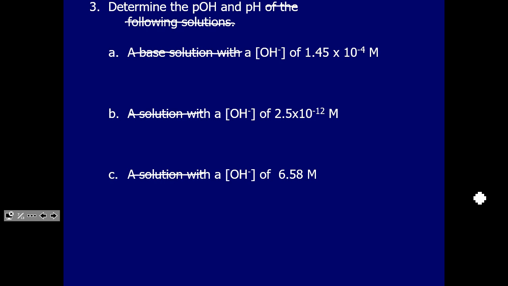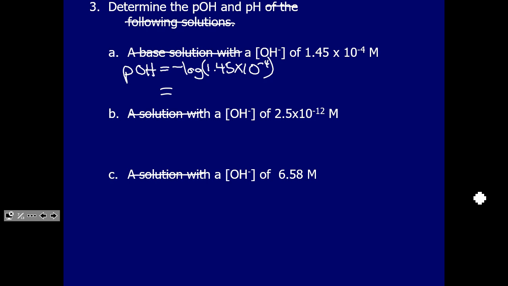So in this case, I have an OH concentration, which means I can't get a pH, but what can I get? I get a pOH, and I get it the exact same way as I got the pH. It's the same function, negative log of whatever that number is. pOH equals negative log of 1.45 times 10 to the -4, just like I did before.